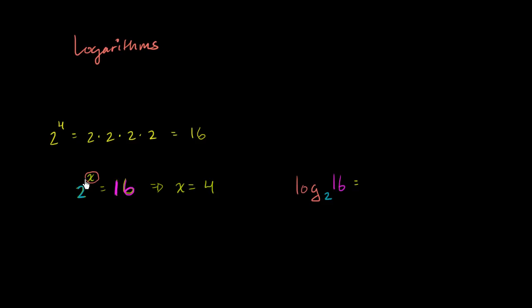Or, in this case, since we have the x there, is equal to x. This and this are completely equivalent statements. This is saying, if I take 2 to some x power, I get 16. This is saying, what power do I need to raise 2 to get 16? And I'm going to set that to be equal to x. And you would say, well, you got to raise it to the 4th power. Once again, x is equal to 4.